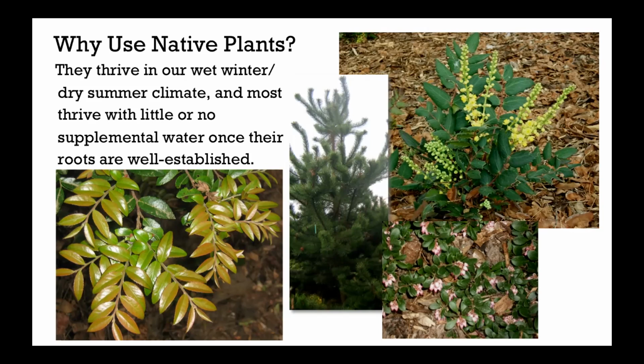And many native plants also are very low water use, which is an important part of gardening, because using less water means more water stays available for salmon and for other really important purposes.